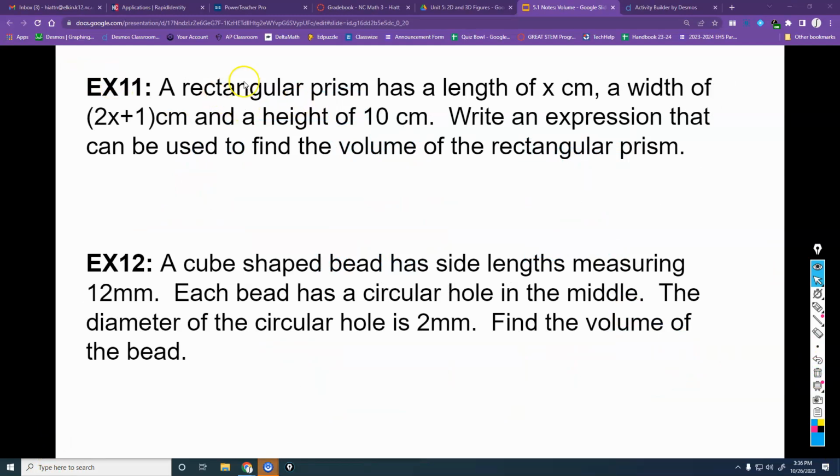For 11, it tells us a rectangular prism has a length of x, a width of 2x plus 1 centimeters, and a height of 10 centimeters. Write an expression that can be used to find the volume of the rectangular prism. So a rectangular prism is just a box.